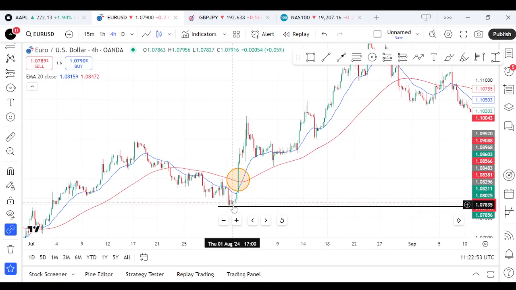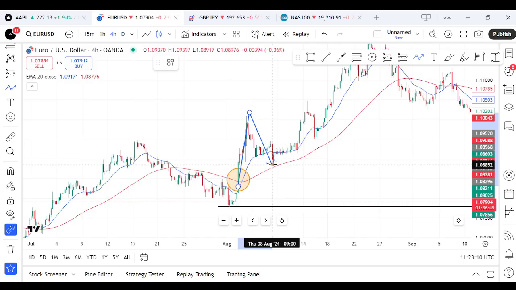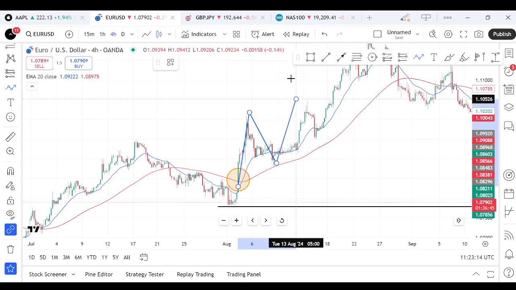You have the price moving above both EMAs here, signaling a bullish trend. And now this is the point where you wait for confirmations before you enter your buy trade. You have price giving us the pullback into the moving average, using it as a dynamic support level for continuation to the upside.